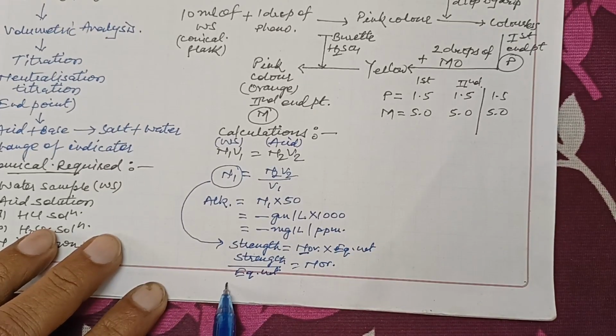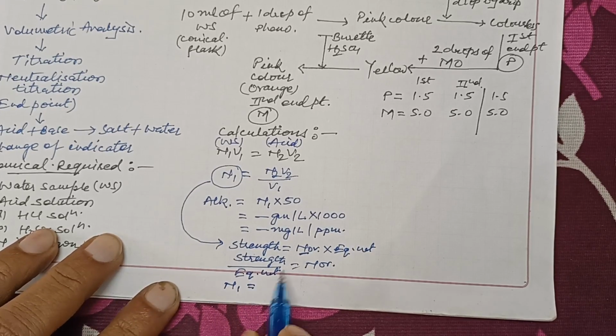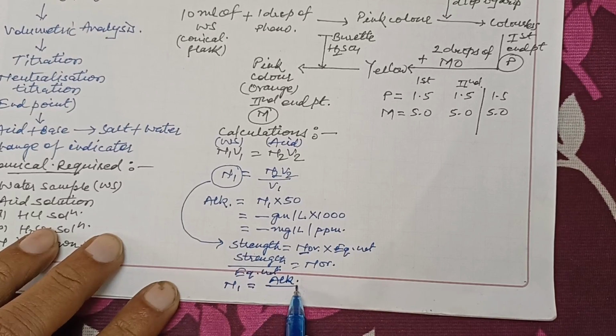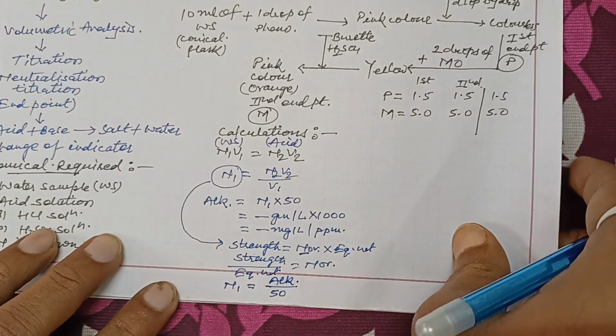So N1 = strength, that means alkalinity, divided by equivalent weight, which is 50, because alkalinity is measured in terms of calcium carbonate equivalent.